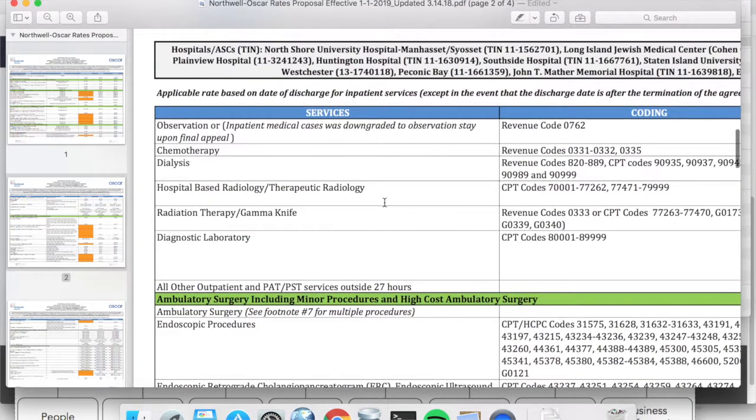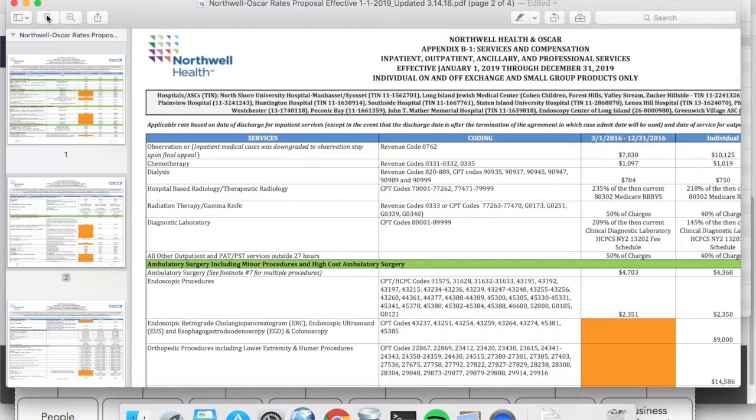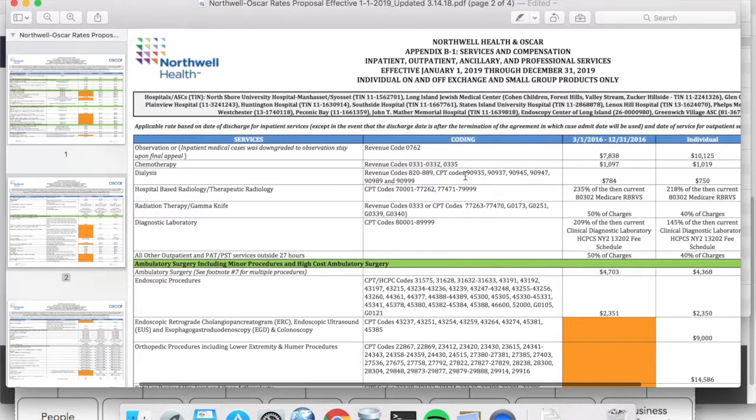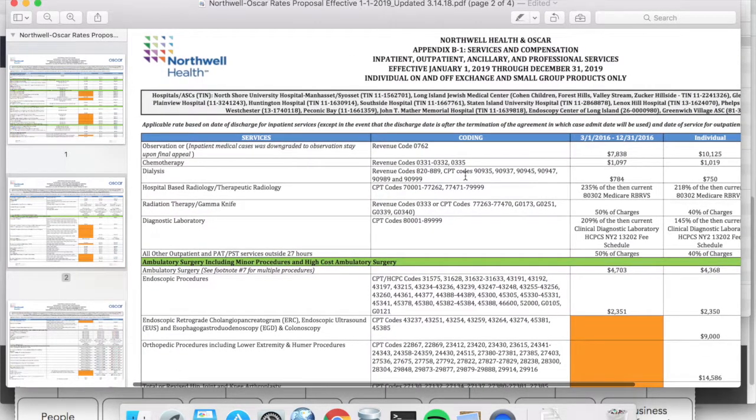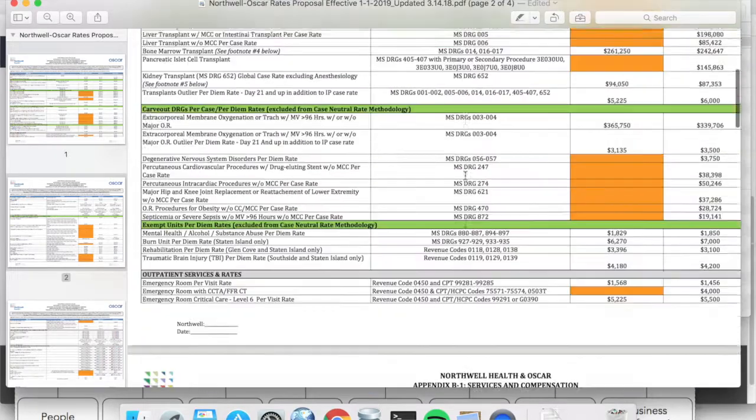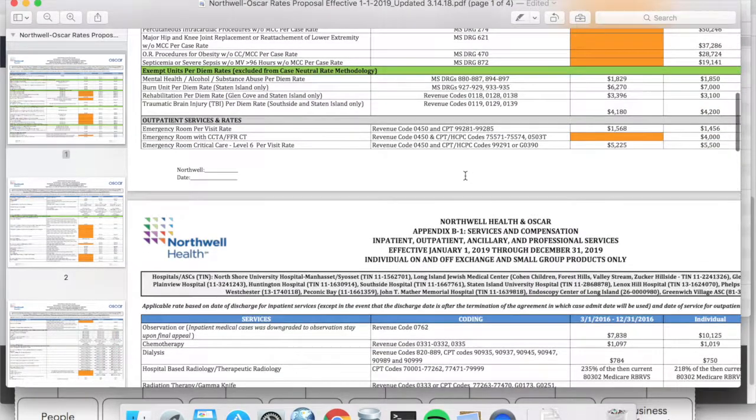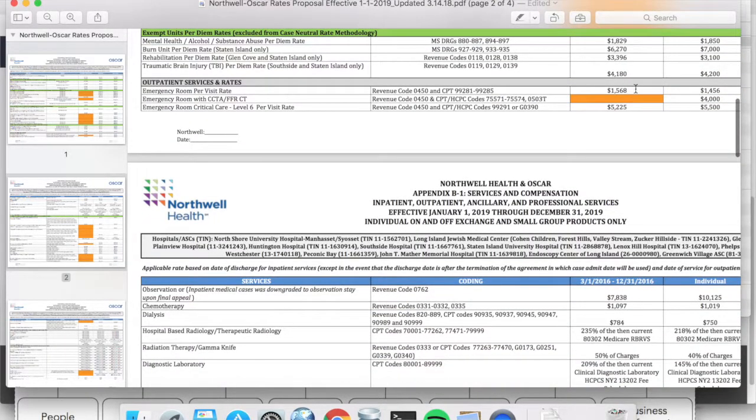You don't need to know a ton about all of these. The one thing to note is that emergency room sometimes has different levels. Here it just has one rate per visit, but it actually gets coded with different levels. Sniffles is level 1, level 5 is really serious, like trauma that's likely to go inpatient.